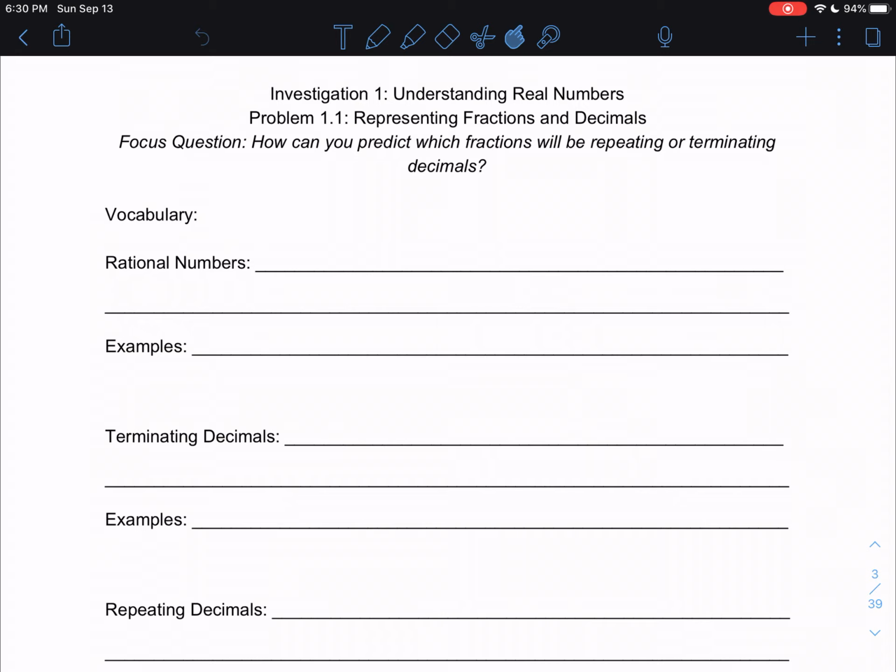So to get us started, it's important that we all have common vocabulary and understanding of these 3 terms. So we're going to go ahead and write those down and give some examples. If you're in class, you're going to be giving me examples. We're going to pause, but I'm going to give certain examples here. Okay, so rational numbers. You've been dealing with these for a really long time, like your entire mathematical career since you started counting or identifying numbers.